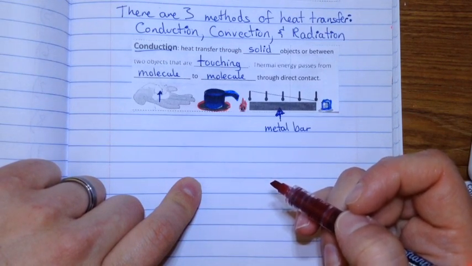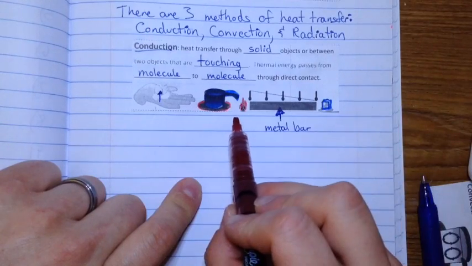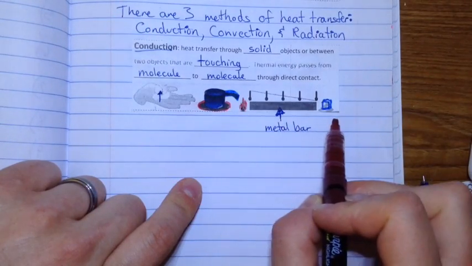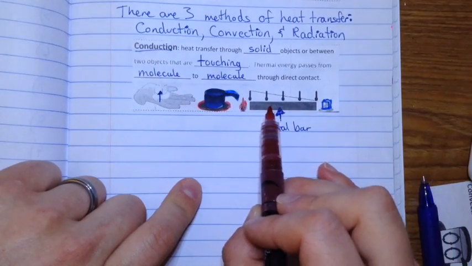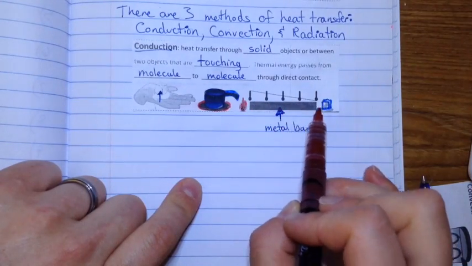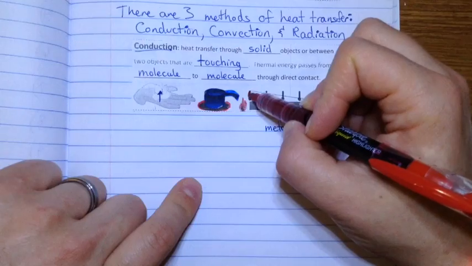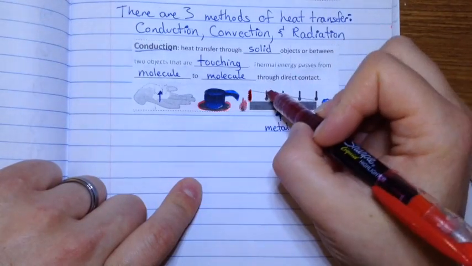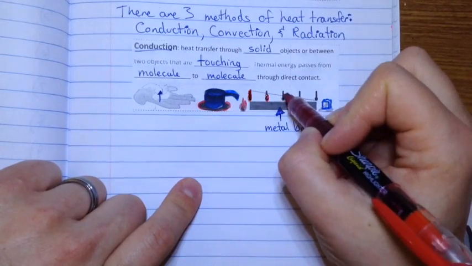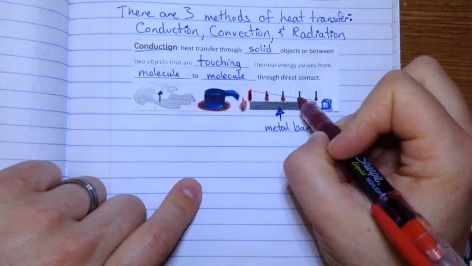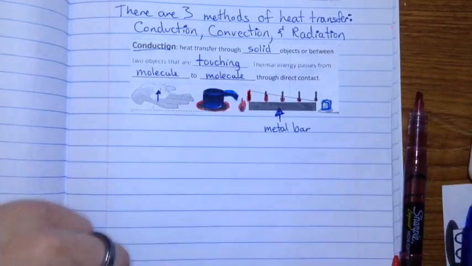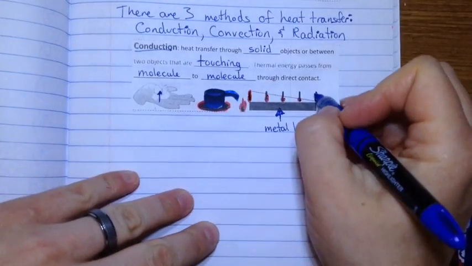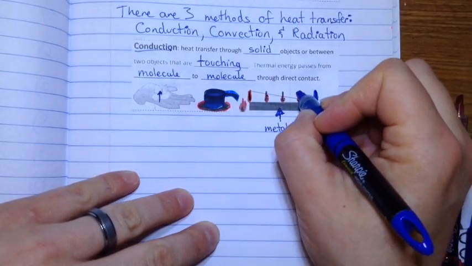Yes. Thank you. With the metal bar, one end is hot, the other end is cold. And if you could measure the temperature at different points along the bar, you'll find that it's the hottest nearest the flame, and it's a little bit cooler and has less and less heat the further it moves from the flame. The closer you get to the ice cube, the colder the temperature is.